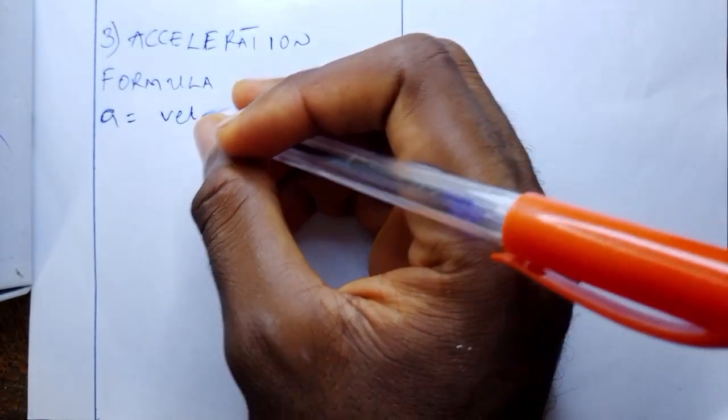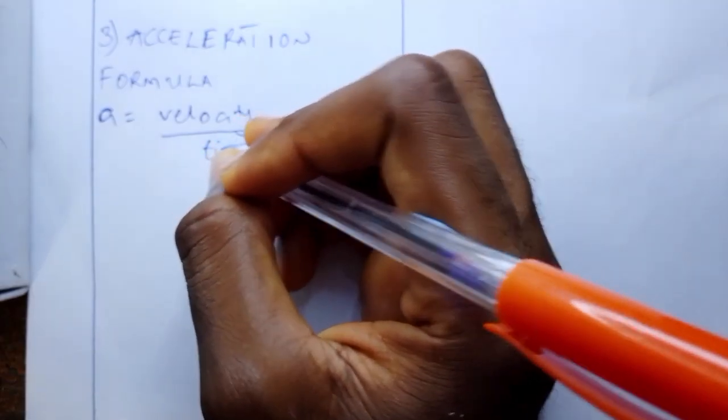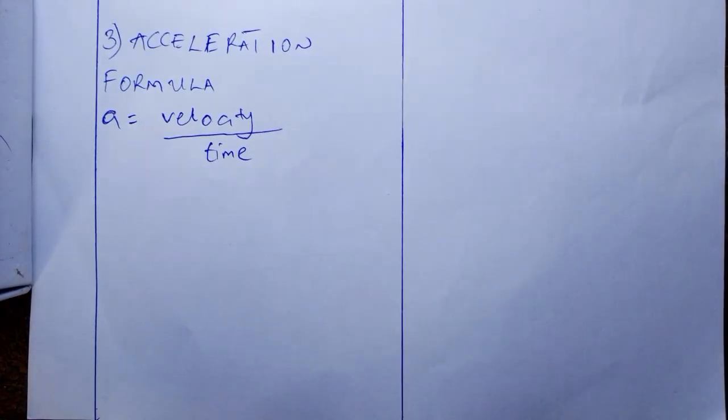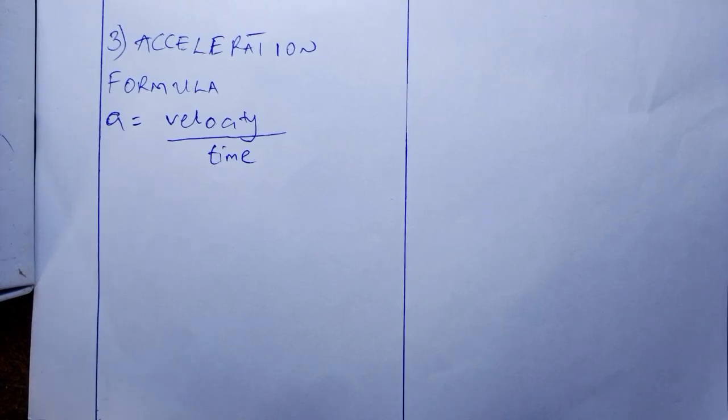Velocity over time. But as we all know, in physics we have initial velocity, which is the velocity the car has before it moves, and final velocity, which is the velocity of the car after it stops.